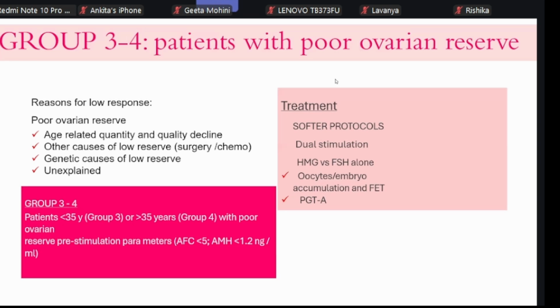For group 3 and group 4 patients, these are the patients with poor ovarian reserve. For this set of patients, we can try giving some growth hormone, antioxidants, all those things we can try. And we can go with mild stimulation protocols in group 3, group 4 patients.